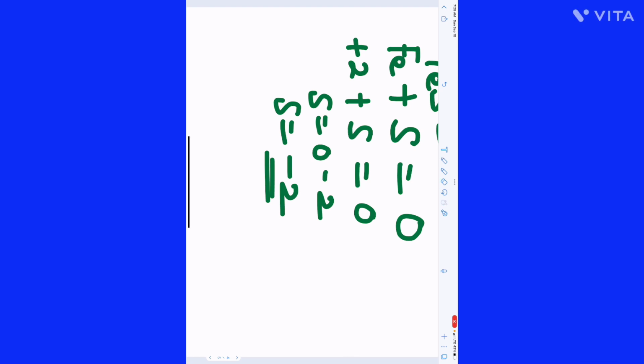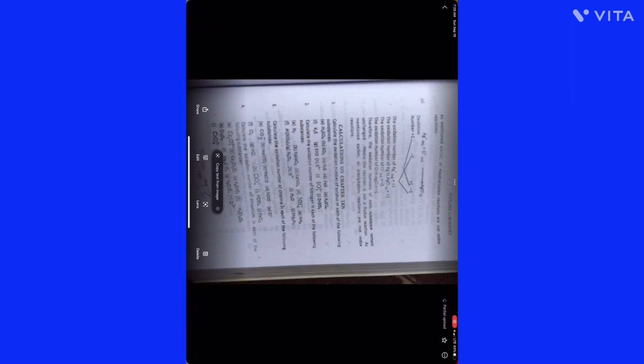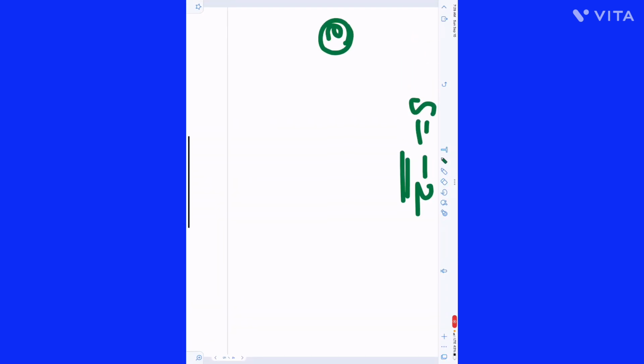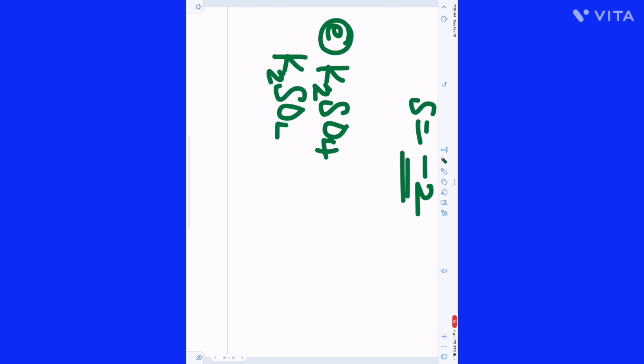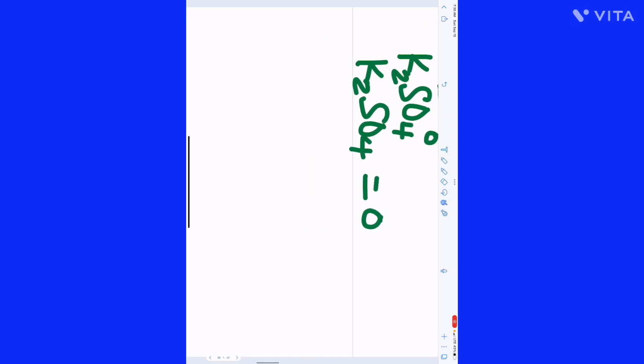Let's go to question E. Question E says we should find the oxidation number of sulfur in K2SO4. K2SO4 is the same thing as K2SO4 with a charge of 0. There's no charge on the molecule, so its total charge is 0.